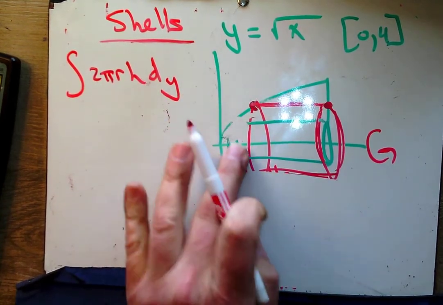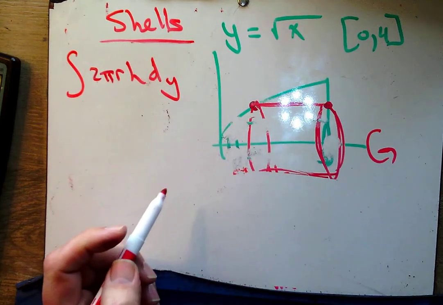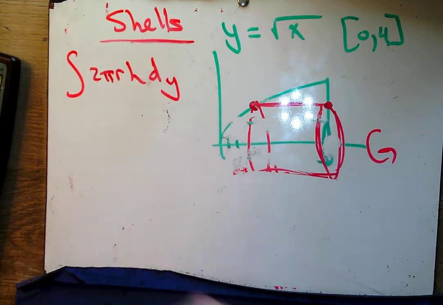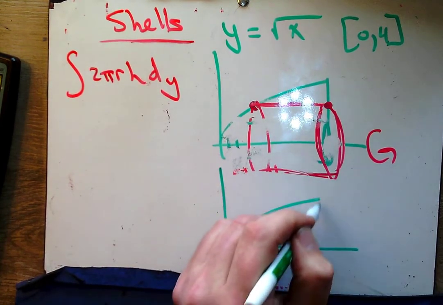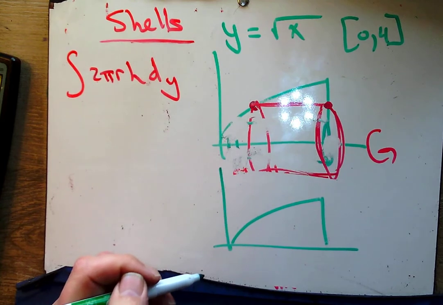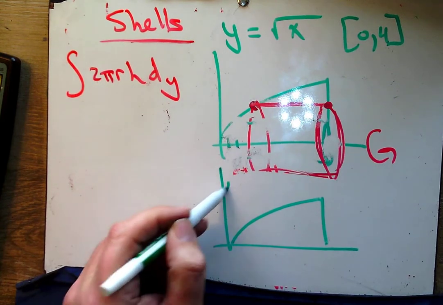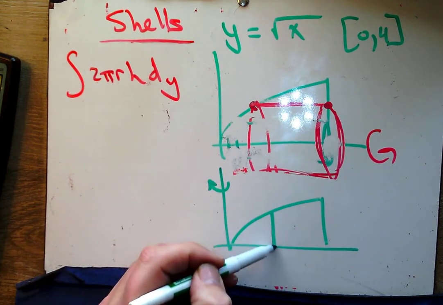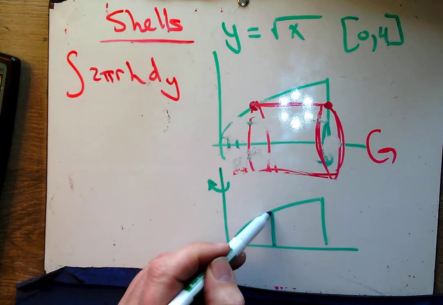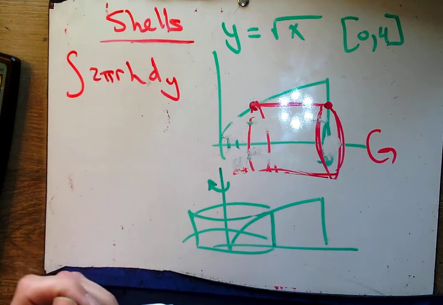Let's get rid of this green one. Okay. We could have this situation where I'm rotating around this axis. So I draw something parallel to that axis, and there's my shell.